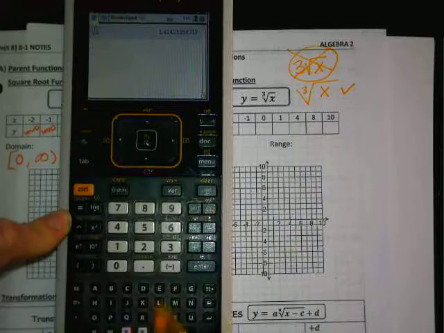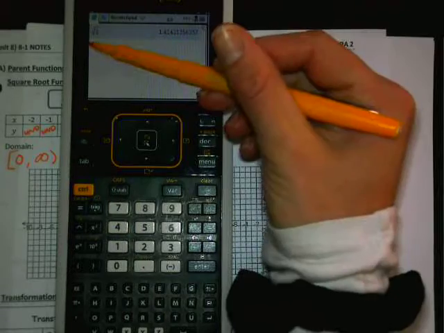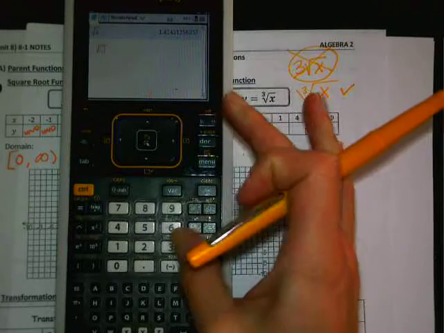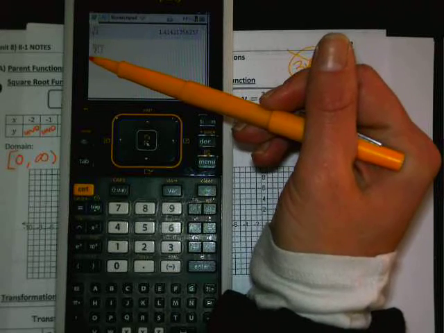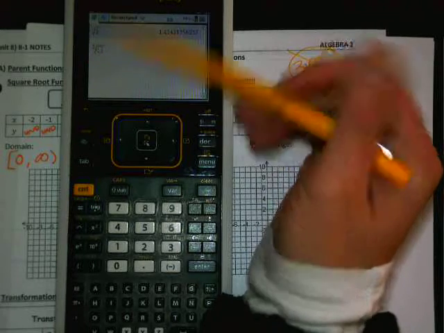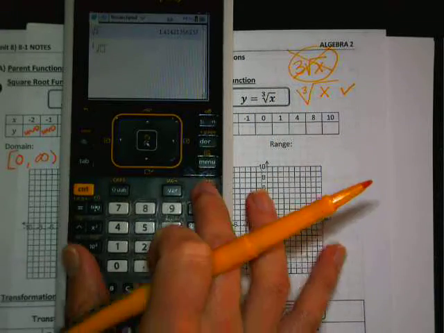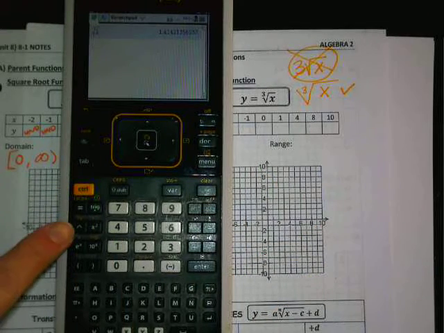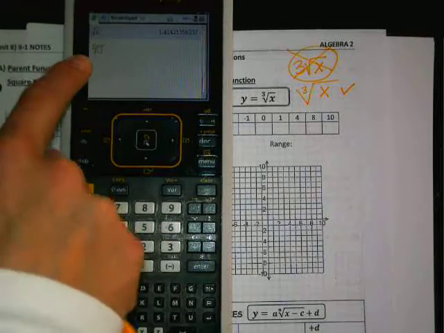All right, so if you press the yellow button and then click this guy, you should get a little box with the root and then another box. And then that way we can put 3 up here to signify cube root. All right, so I'm going to do it one more time. So yellow button, and then the cube root is this guy right here, right next to where the square root is. And then that gives you where you can plug in the 3 to signify cube root.